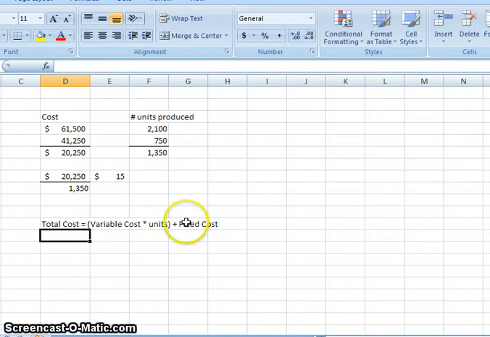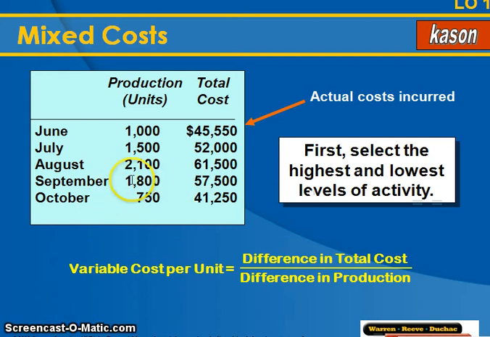So what we do know is the total cost. We're going to go back to the problem information for a second and pick either the high or the low. We've got to use one of the two numbers we'd been working with before, whether it was August or October. I'll go with August and use the 2,100 units at $61,500.